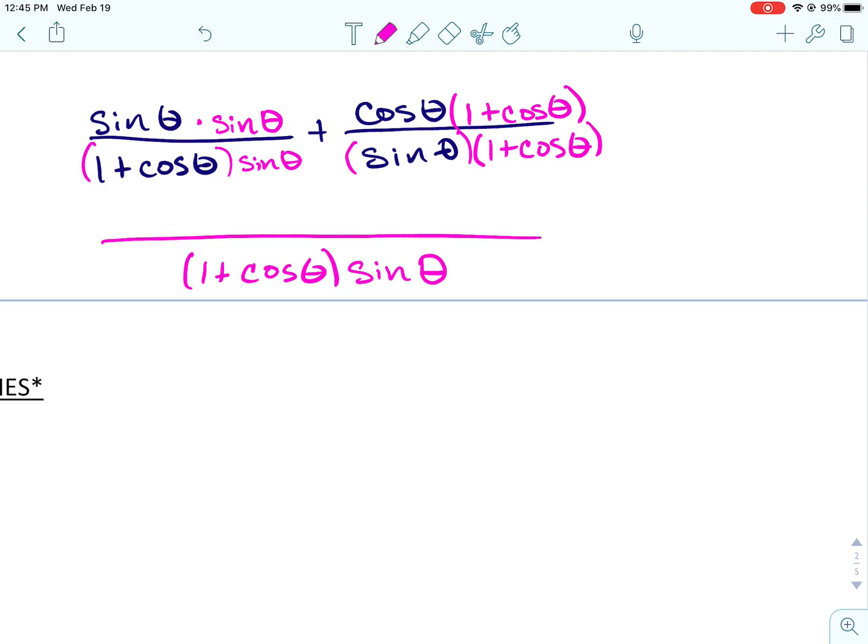So we do need to multiply sine of theta times sine of theta. Right? This one's addition, so we just bring down the plus sign. If it's subtraction, you do need to make sure you distribute the negative, so be careful with that. But here, we just need to distribute cosine of theta.